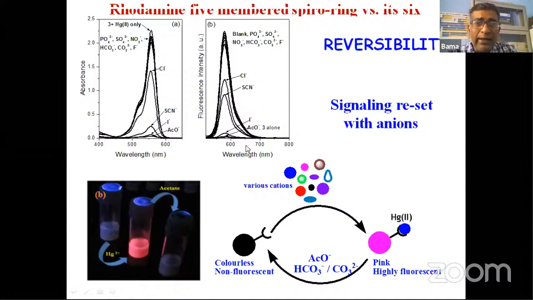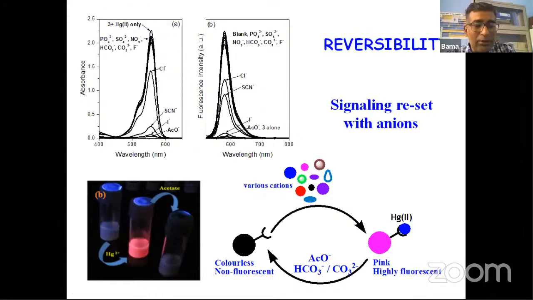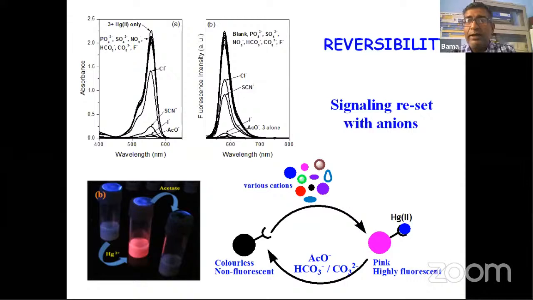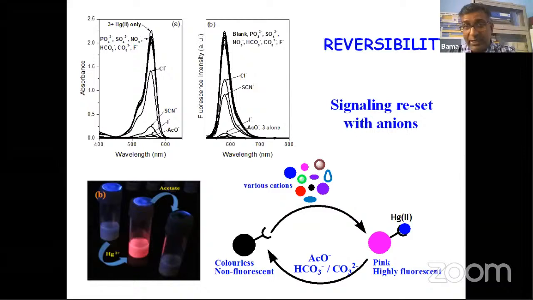Again, I want to talk about reversibility, because to be called a good sensor, it must have the reversible property. The spectral or output signal comes back to its original state.